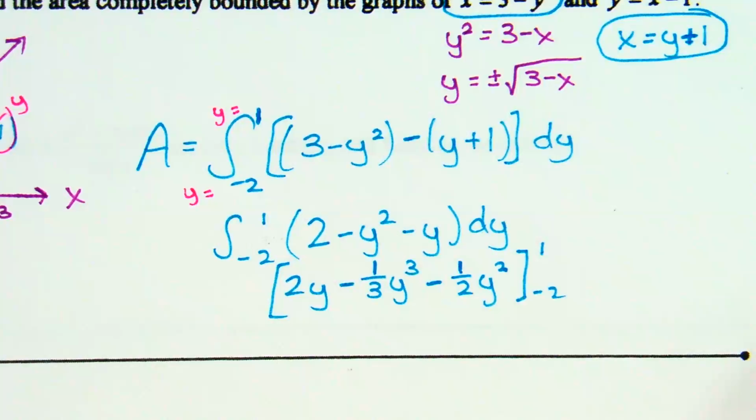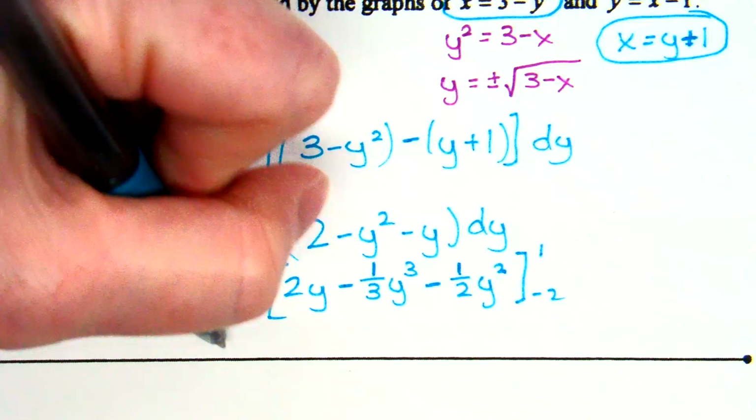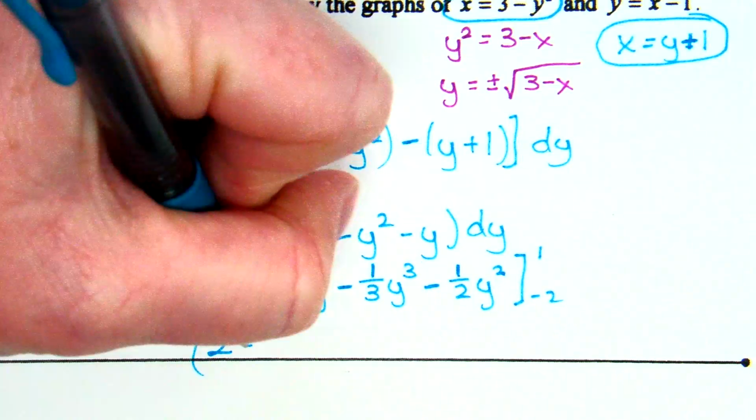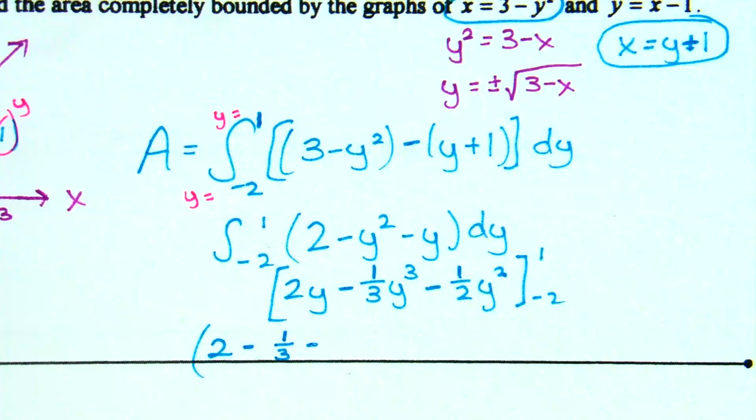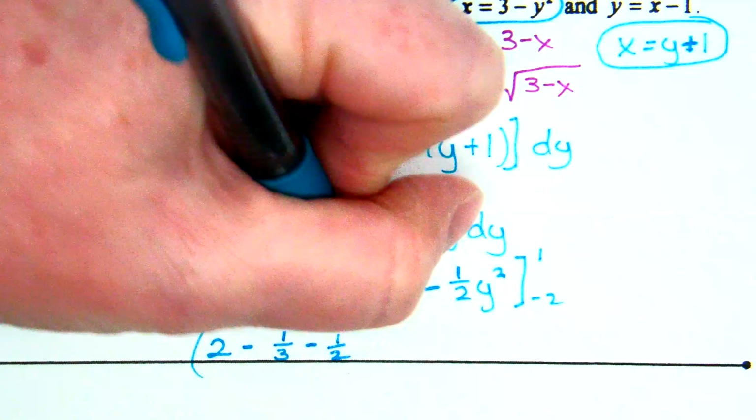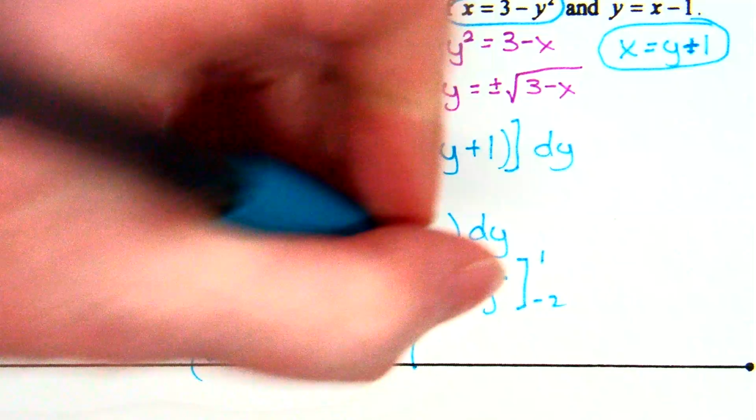Okay, start by plugging in the 1. 2 times 1, 2. Minus 1/3 times 1 cubed, minus 1/3. Minus 1/2 times 1 squared, minus 1/2. In the parentheses, minus, and now in the next parentheses I plug in -2. 2 times -2? -4.